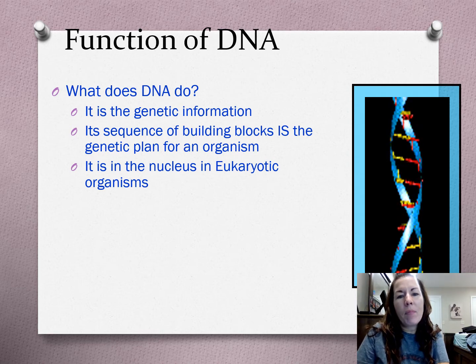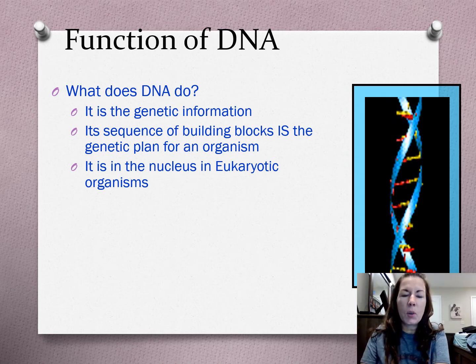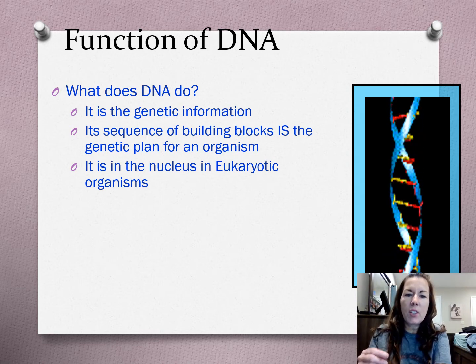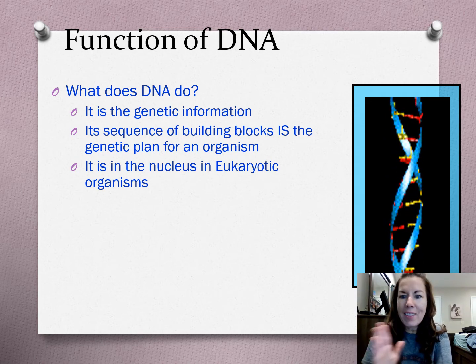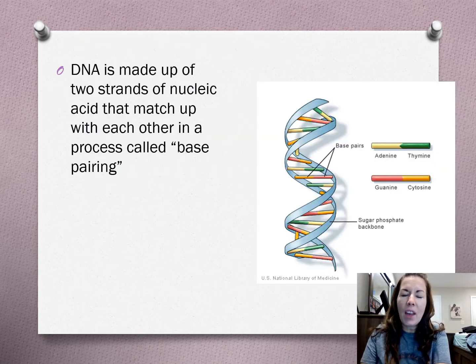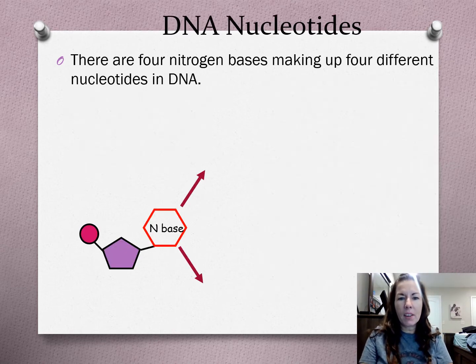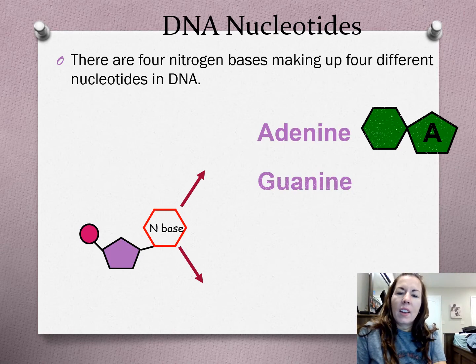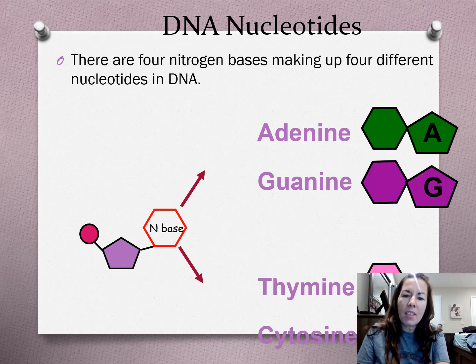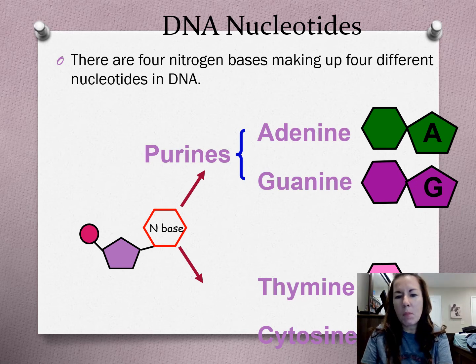So basically, the function of DNA is to store the genetic information for everything that makes us us. And it's made up of 2 strands that match up with each other, and that's called base pairing. And so there's adenine, guanine, and thymine and cytosine. So the adenine and guanine are the purines.